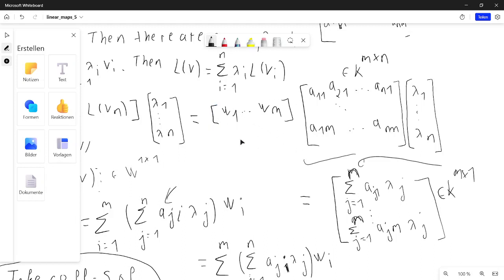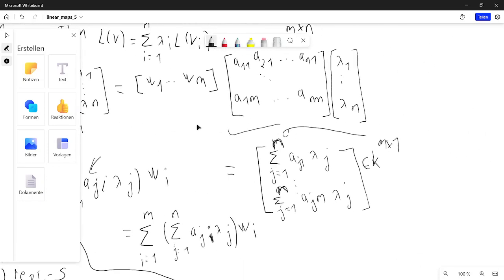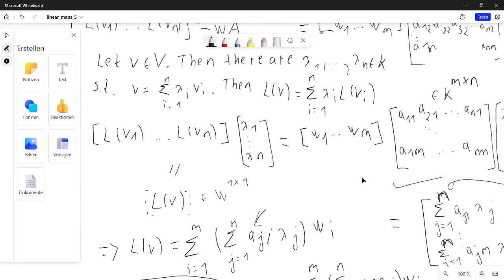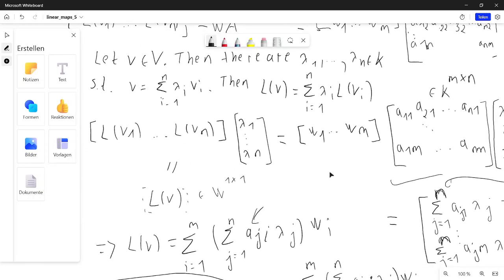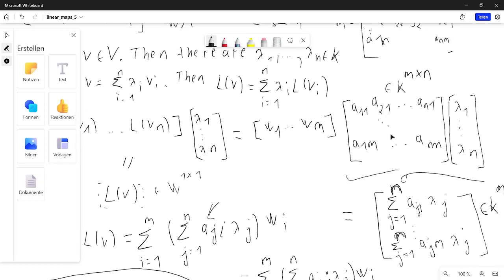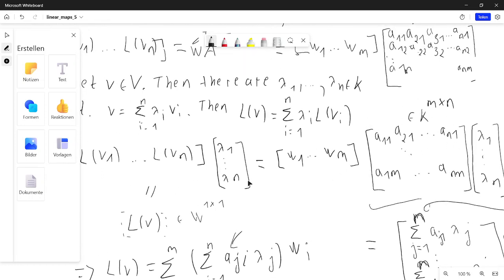Because if we apply coordinate maps to vectors, they produce out of abstract vectors, by a chosen basis of course, something familiar, namely vectors in Kn, and those vectors can be multiplied by matrices and so on.